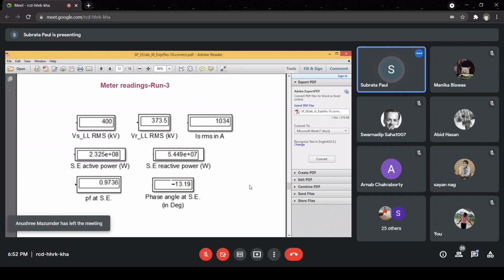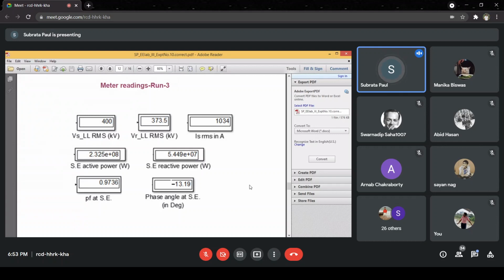Now the shunt element of the line delivers or generates more or less a constant amount of var, because I think you have observed the var generated by the shunt element is proportional to V square, right? It depends on the operating voltage of the line.